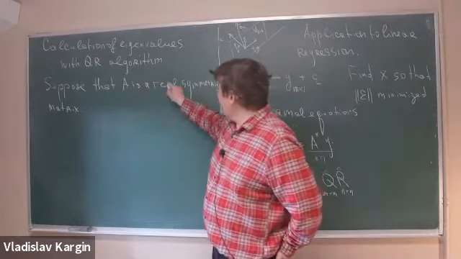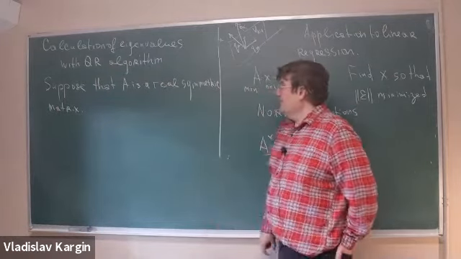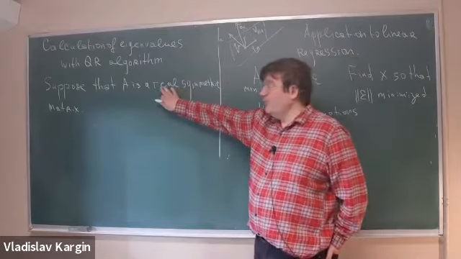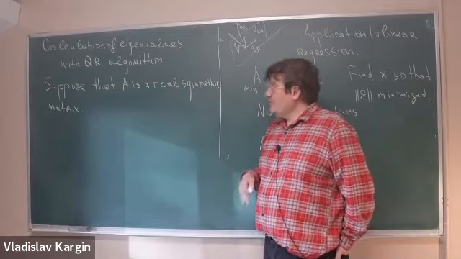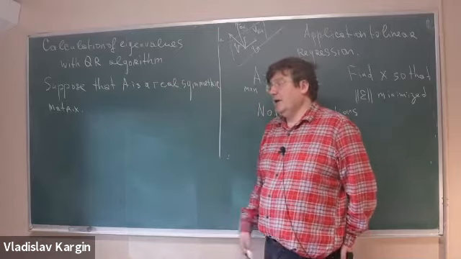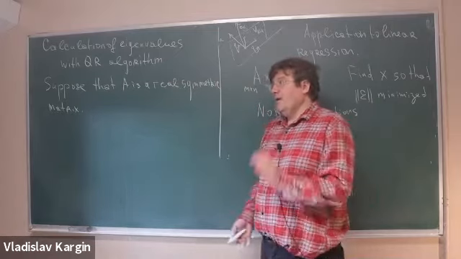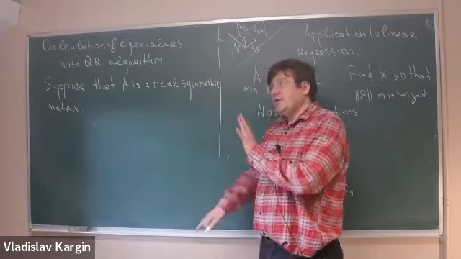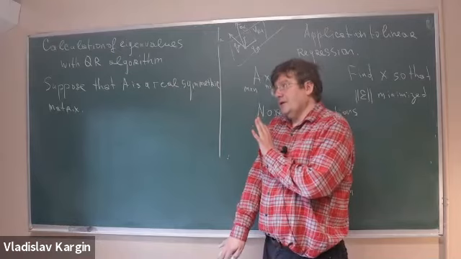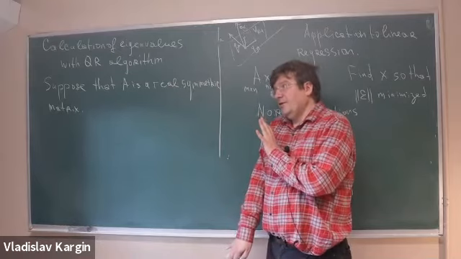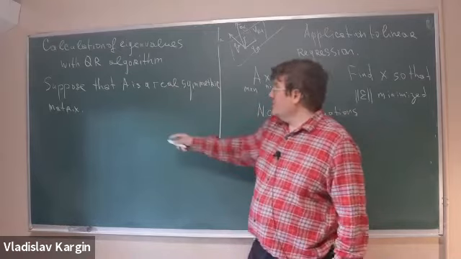I'm not sure how important it is that it's real. It's important that it's symmetric, because then we know it has an orthogonal basis of eigenvectors, and it has real eigenvalues.